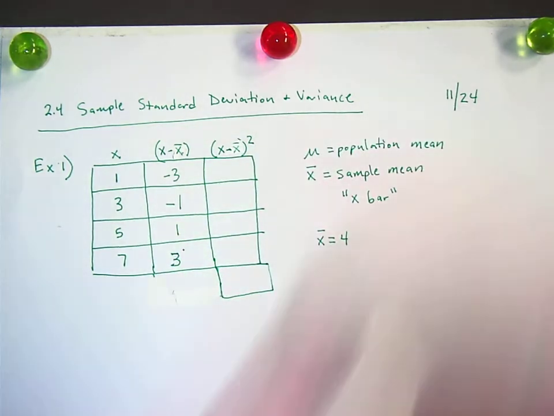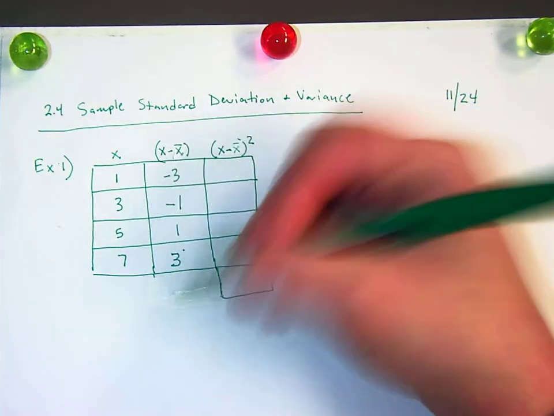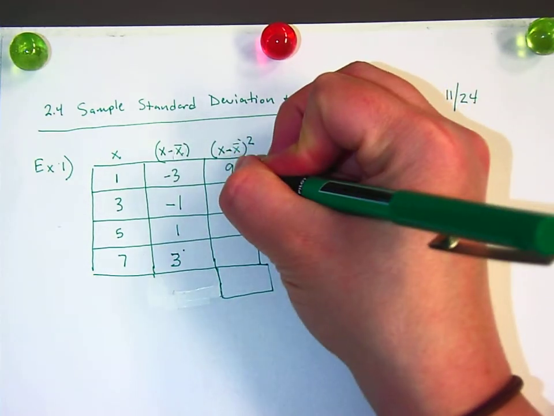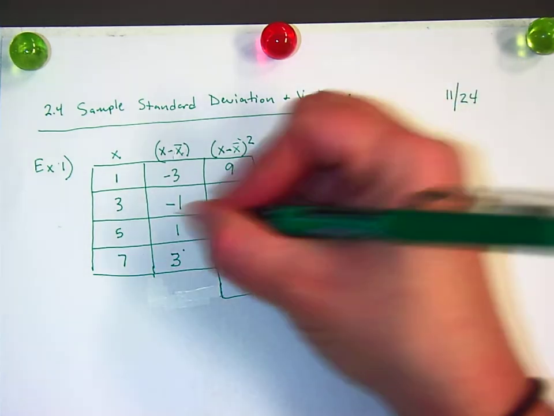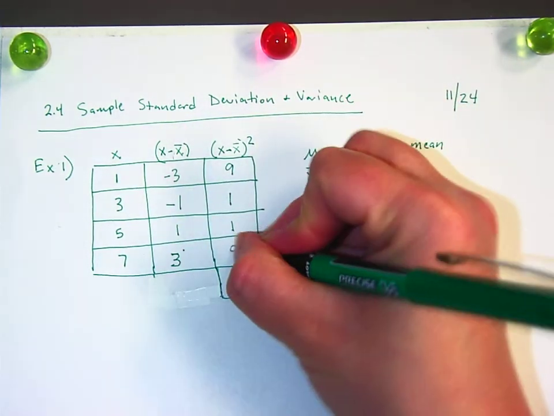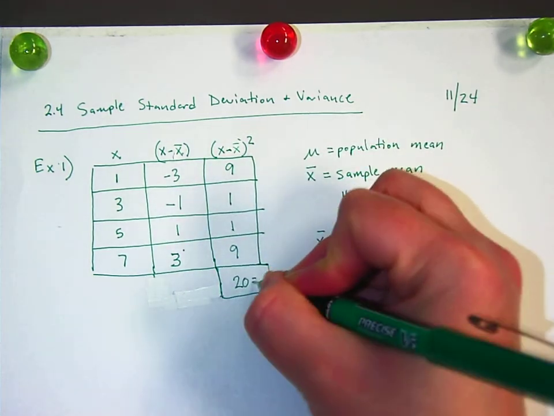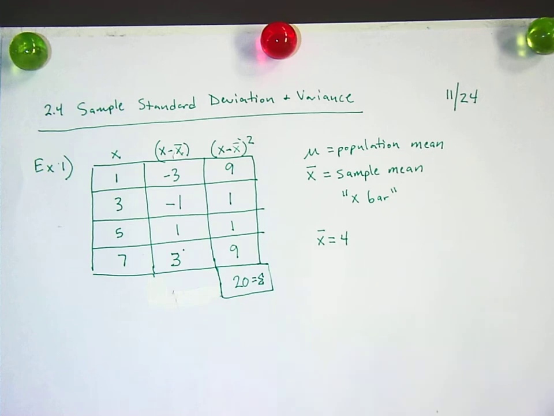And then I'm going to square each one of those. So -3 squared is 9, -1 squared is 1, 1 squared is 1, and 3 squared is 9. And if I add those all up, I get 20. So if I do the summation, I get 20.